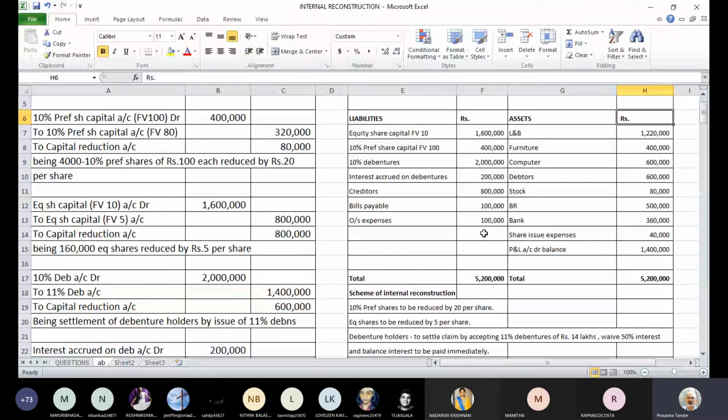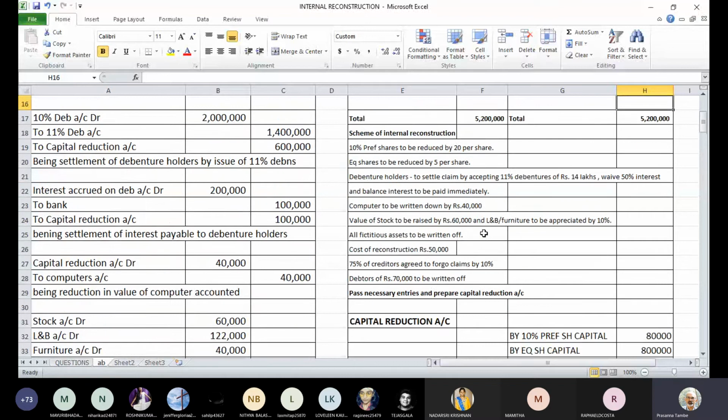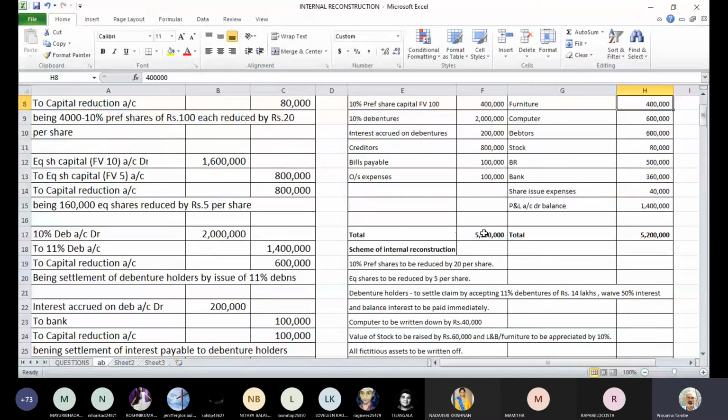That is the second entry. Then even 10% debentures, in that we have got some benefit of 6 lakhs.